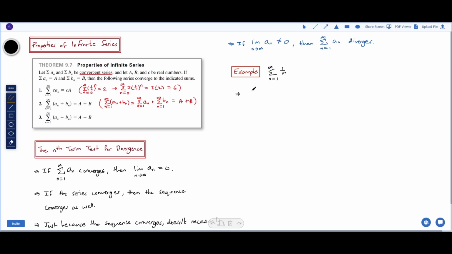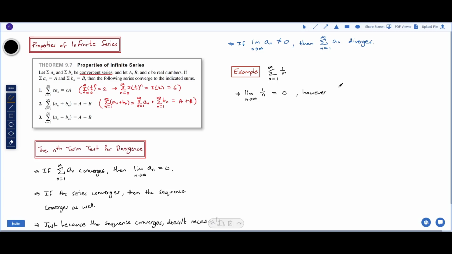If we take the limit as n goes to infinity of the sequence of 1 over n, so 1 over 1, 1 over 2, 1 over 3, if we take the limit as n goes to infinity, well, we get 0, right?